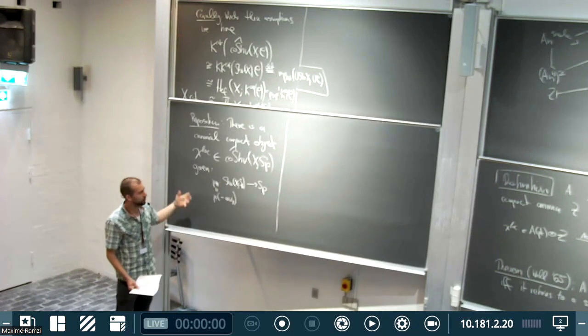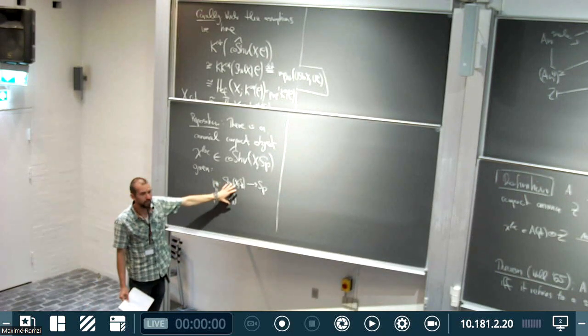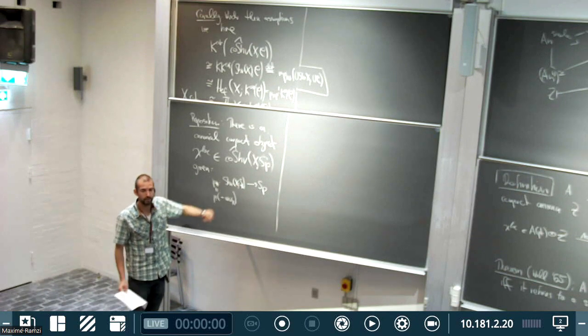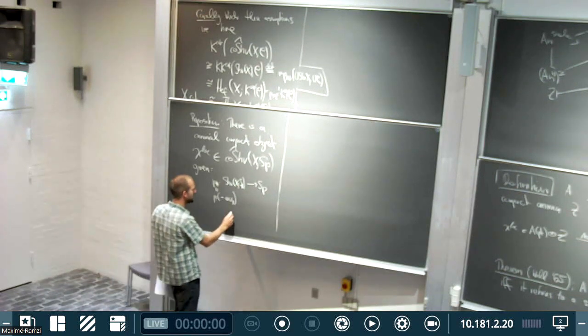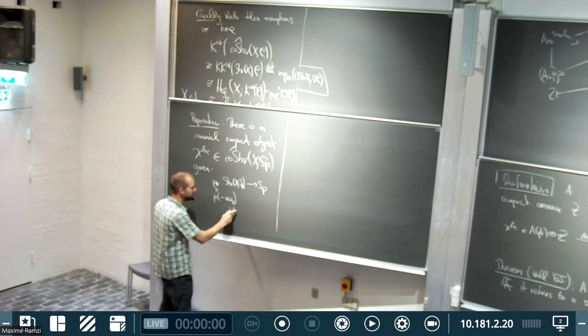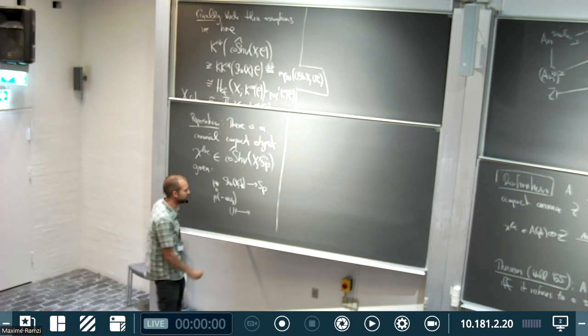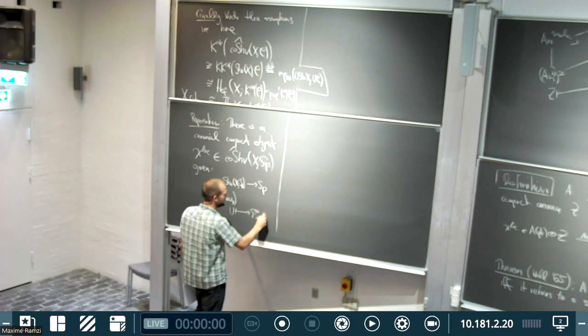And there's also a very concrete description. I told you that these compact objects are in particular co-sheaves. What is the co-sheaf? A co-sheaf assigns a spectrum to every open U. What you do is you just take the suspension spectrum.